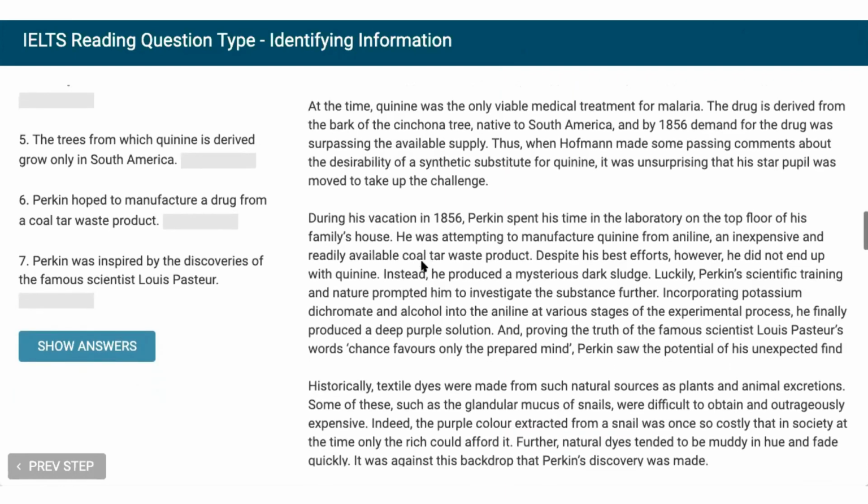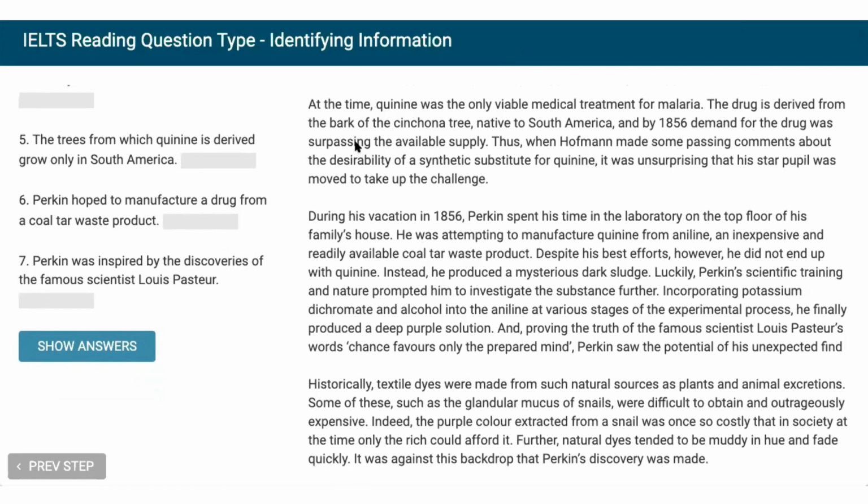All right, the next statement here, I'm going to scroll down and make sure that we have enough space. Okay, so we see number 5, the trees from which quinine is derived grow only in South America. And remember, we had only that absolute key word. Now, just looking here at this paragraph, right away, I see quinine here.